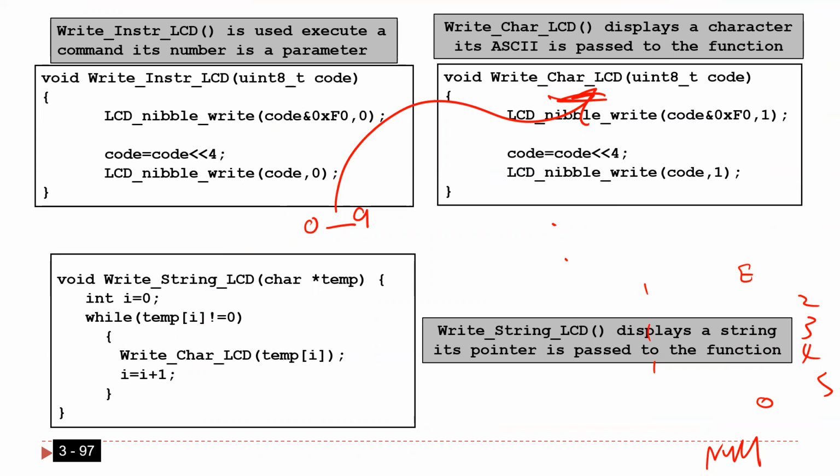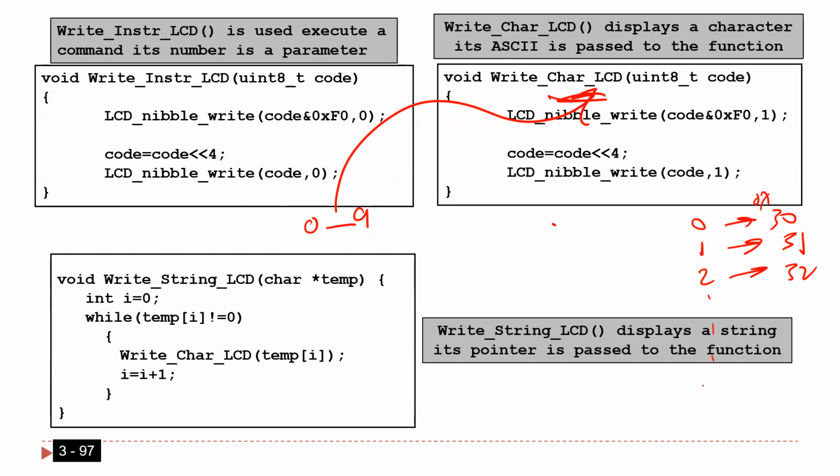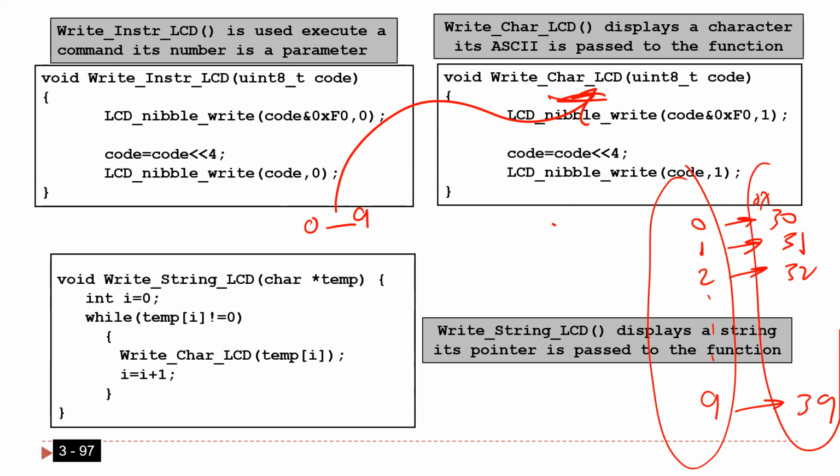The ASCII of 0 is 30, the ASCII of 1 is 31, the ASCII of 2 is 32, all of these in hexadecimal, and the ASCII of 9 is 39. The keypad is going to give you a number, but the function needs the ASCII.